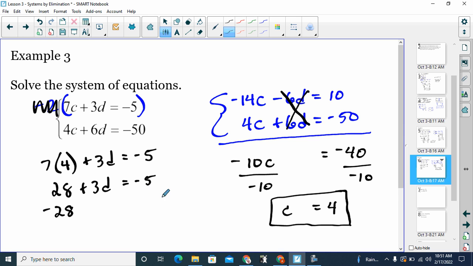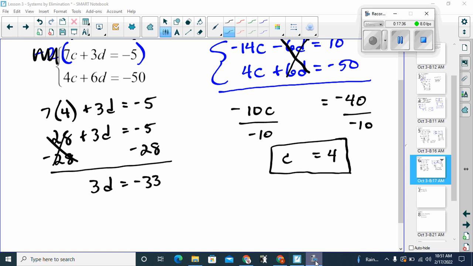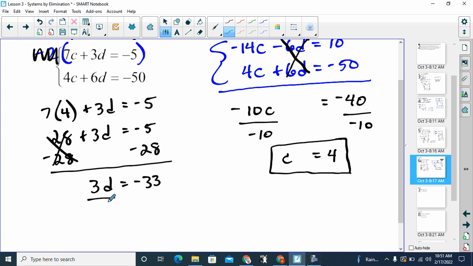Subtract 28 from both sides. I get 3d equals -5 minus 28, which is -33. And divide both sides by 3. d equals -11. So c equals 4, d equals -11.